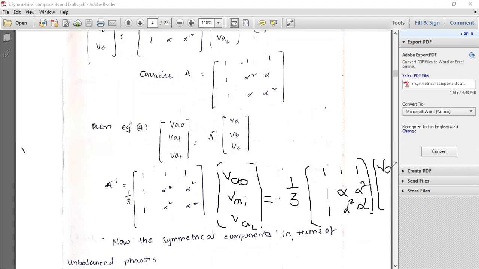So here VA0 is equal to 1 by 3 multiplied by VA plus VB plus VC. Similarly, VA1 is equal to 1 by 3 multiplied by this row into this column.